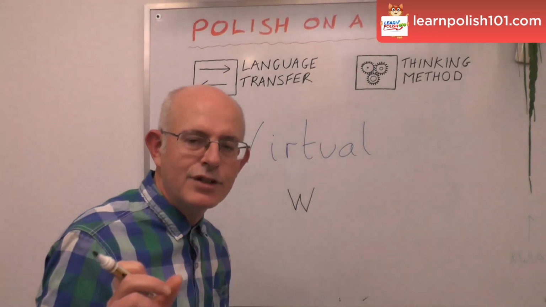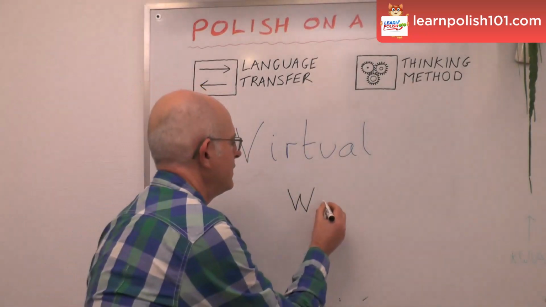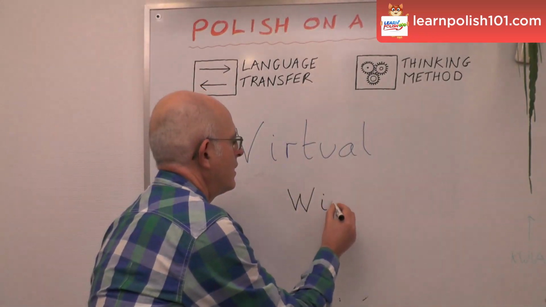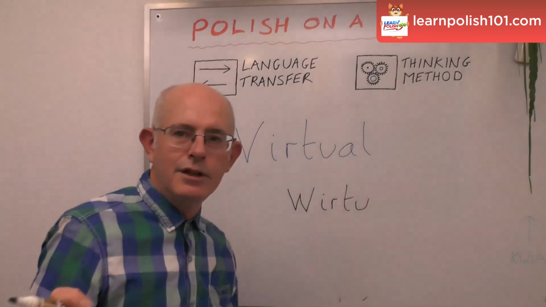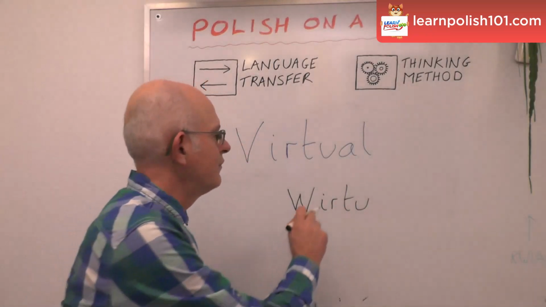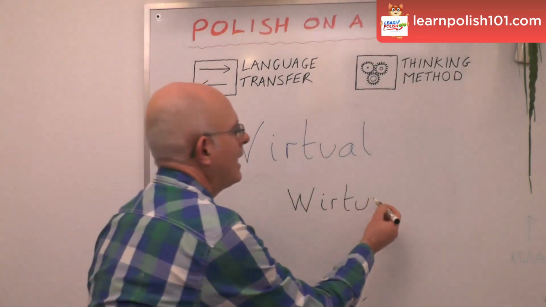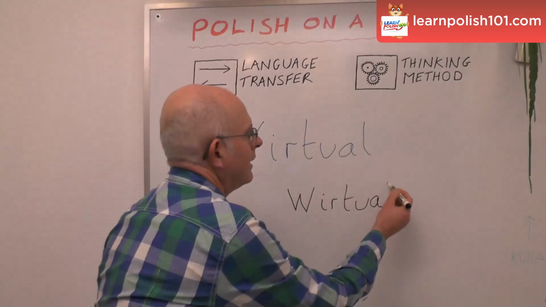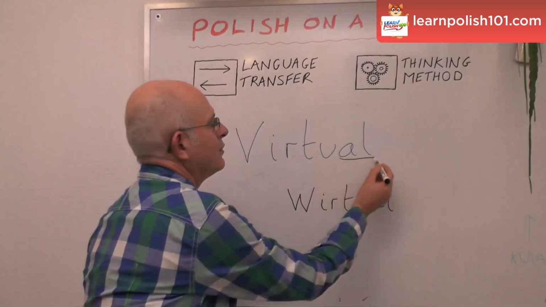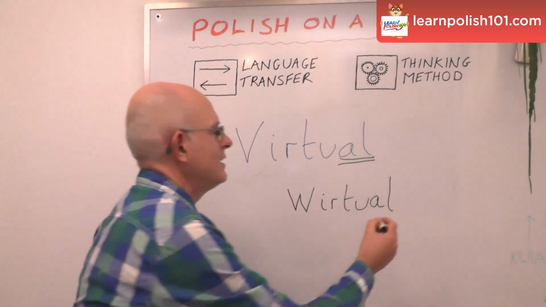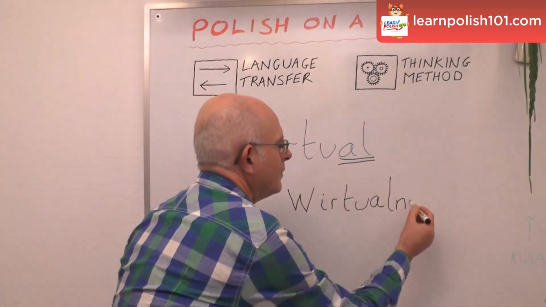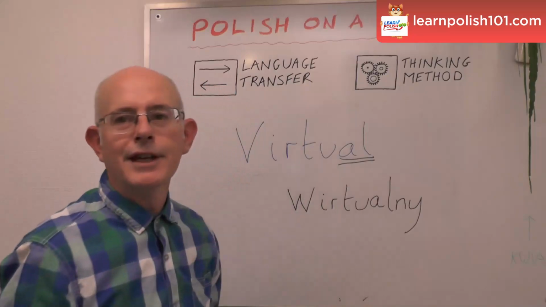Well, we say virtual, so yeah, we keep that in there. We've got the U, like in uniwersalne. So it's vert U, and we've got the A, like in apple. And we've got L, and of course we can see that it is an English word which ends AL, so we just need to add the NY on to get it.